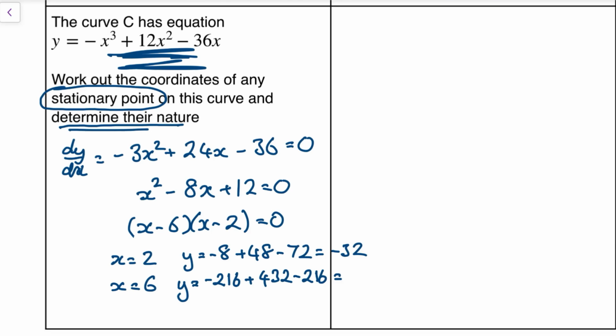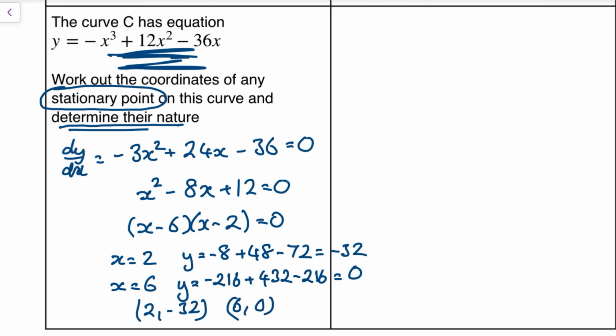So I've got 432 minus 216 minus 216, which is 0. Of course it is. Yeah, because 216 times 2 is 432. Yeah, obviously. That's why calculators are dangerous, because you miss the obvious things. Anyway, coordinates of my stationary points are 2, minus 32 and 6, 0.